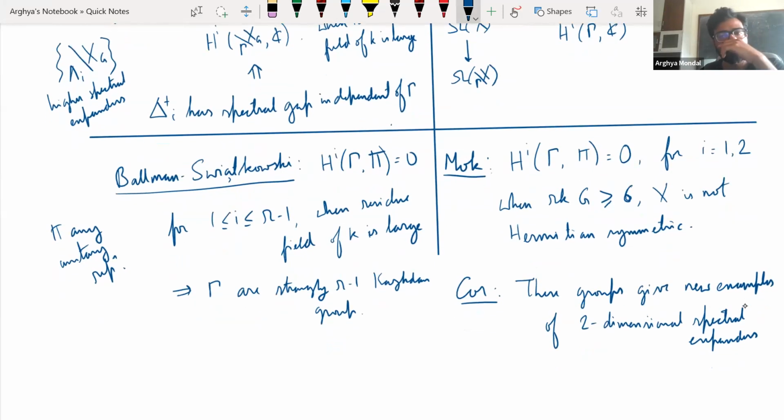And so from our result, we can say that via the construction that I proposed, the family of simplicial complexes that you will get from these groups are in fact two-dimensional spectral expanders. And I think these examples were not known. So I will finish my talk there.